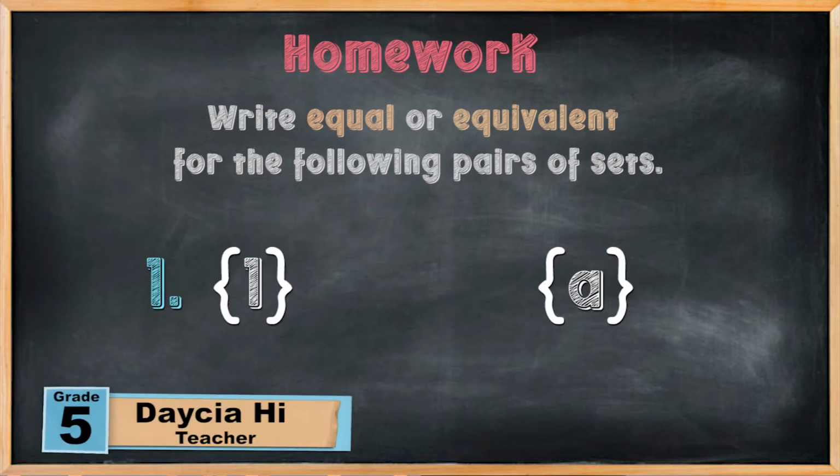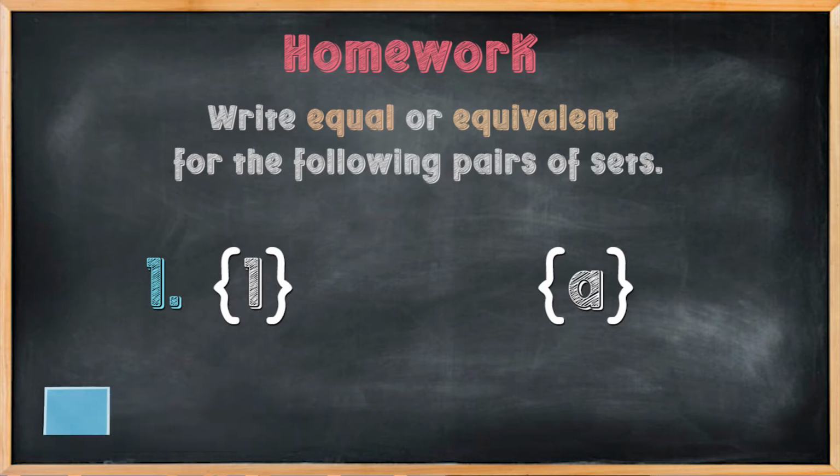Number 1, we have the first set with 1 as its member and another set with A as its member. So, the pair of sets, children, is it equal or equivalent?